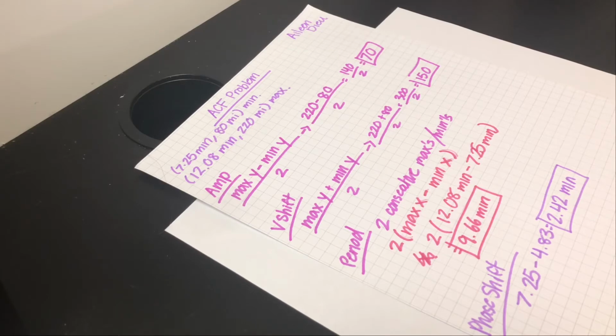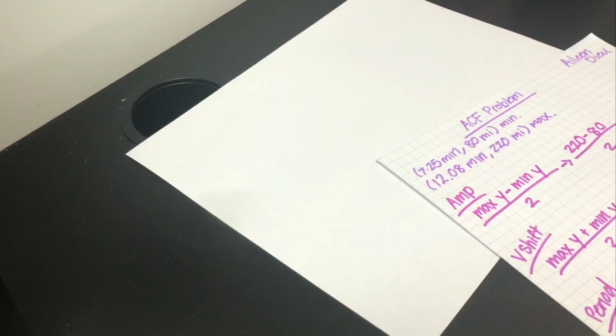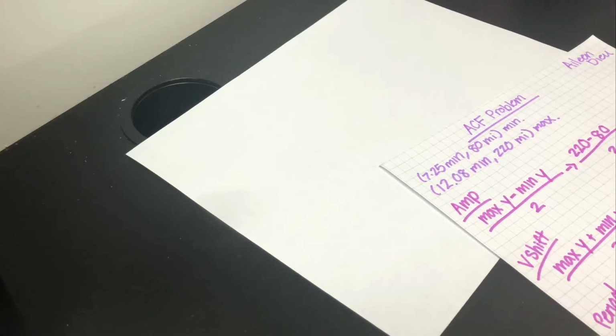And then the next one is to graph it. Before we start graphing, we are going to have to make a sine function, so then we know how to plot our points.